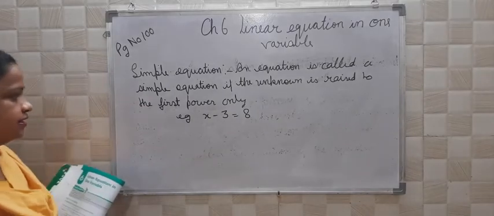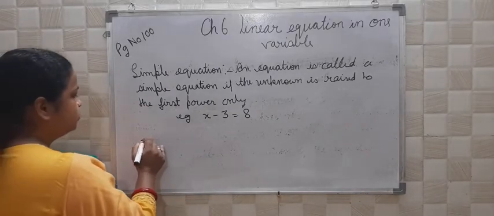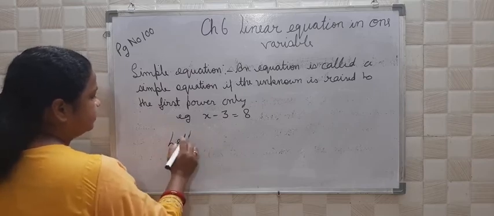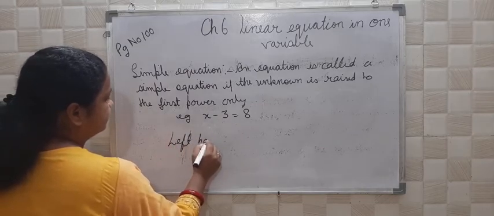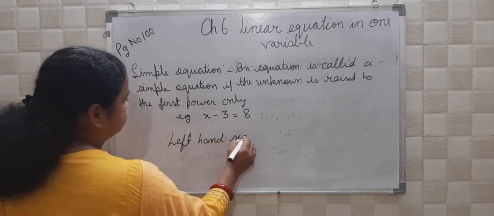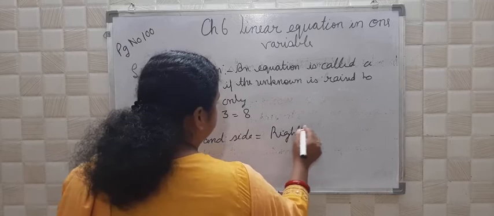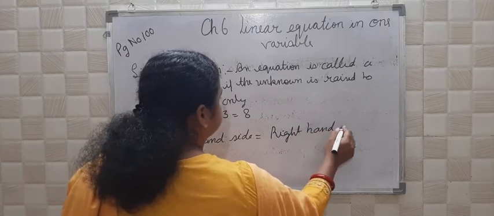Now next, in an equation there are two sides: one is the left hand side and the other is the right hand side, and both are always equal to each other.